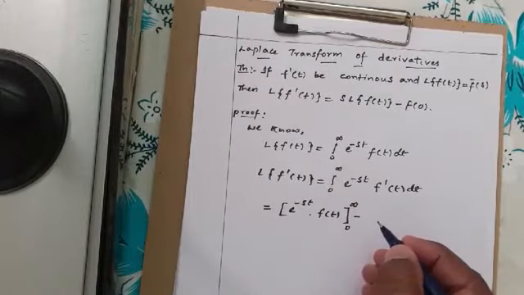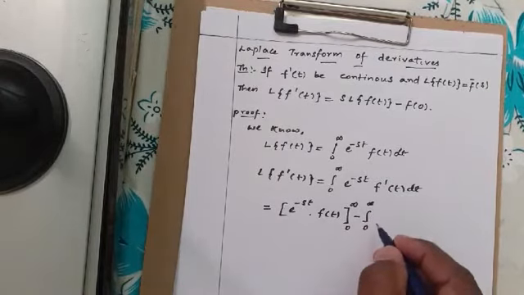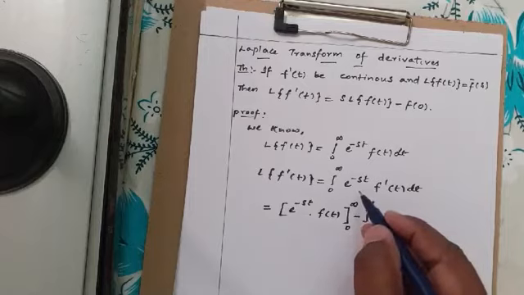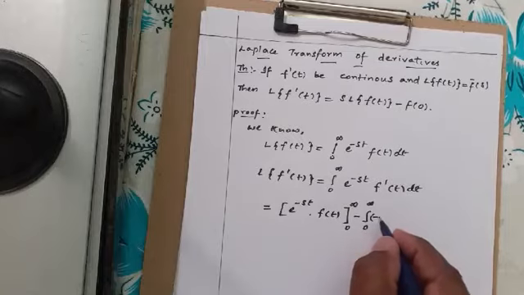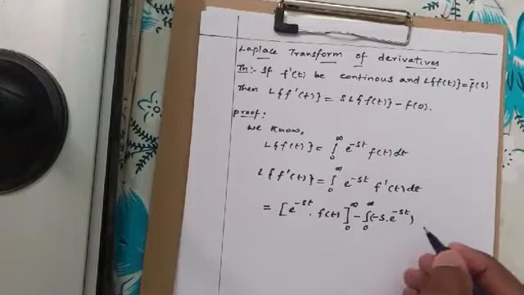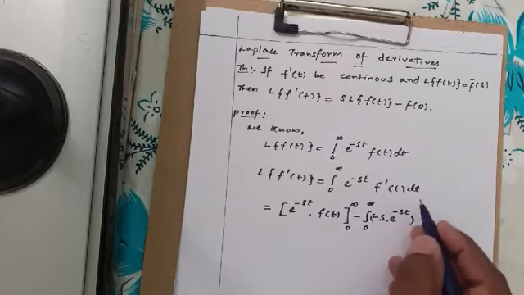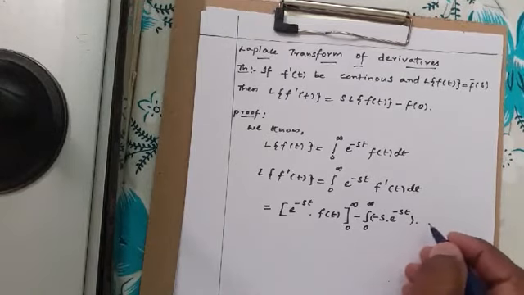Then we write minus the integral from 0 to infinity of u dash, where u is e power minus st. When you differentiate e power minus st, you get minus s into e power minus st, since differentiating minus st gives minus s. You are integrating with respect to t here, remember. Now we have the integral of v dt.